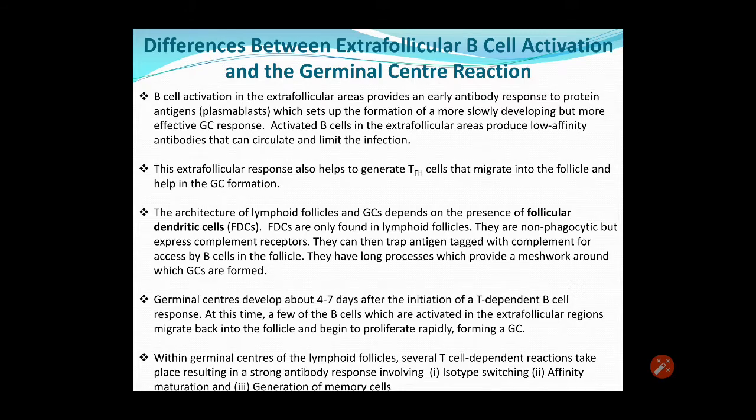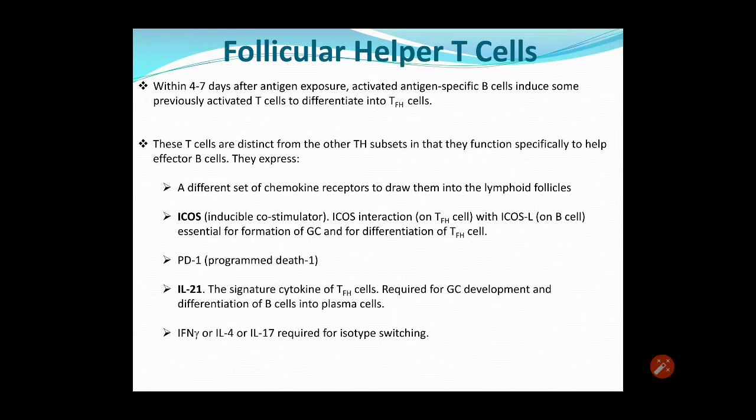This just gives some extra information, like these germinal centers develop about 4 to 7 days after that initial interaction between the T helper cell and the B cell. And these are the set of signals or receptors that the follicular T helper cell expresses, namely this important co-stimulating molecule ICOS, which engages ICOS ligand on the B cell.